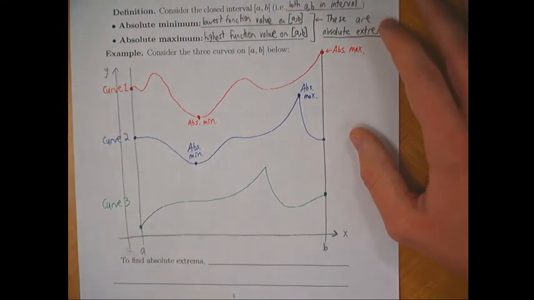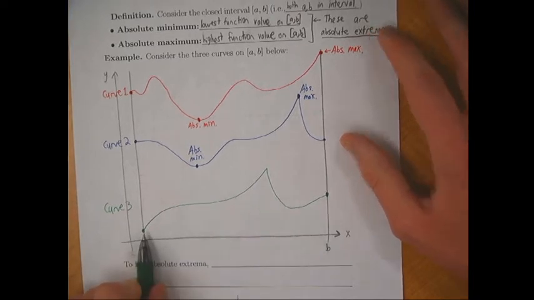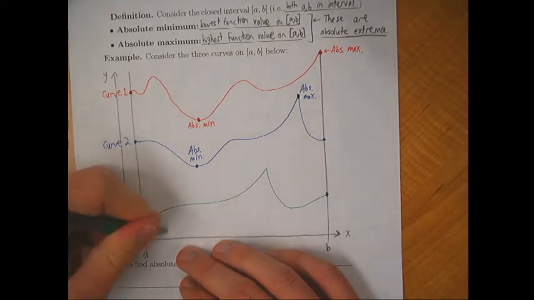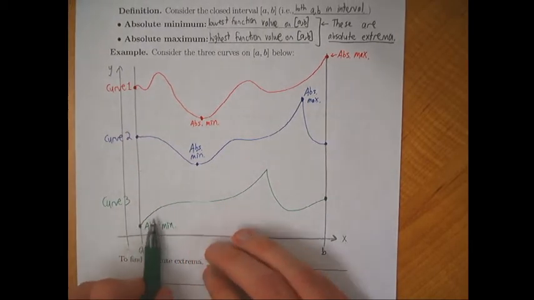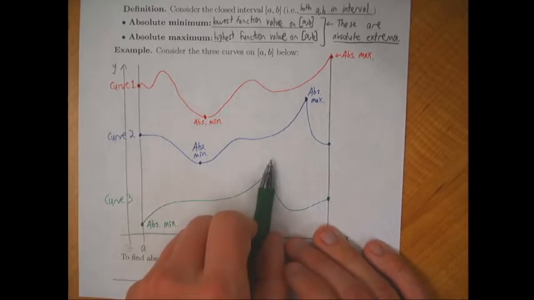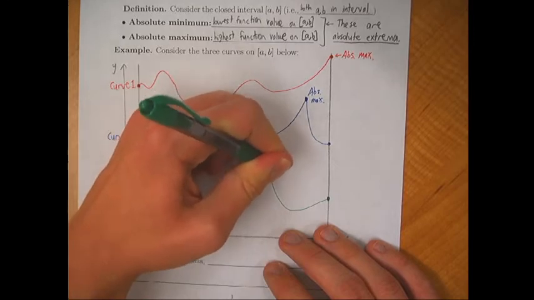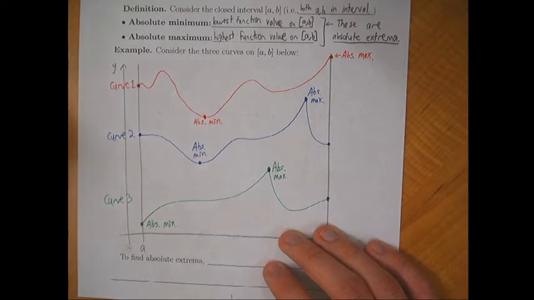And then for curve 3, let's do the same thing. Okay, absolute minimum. And then stop me when we hit the absolute max. Good. So the absolute maximum goes right here. Good. Okay.